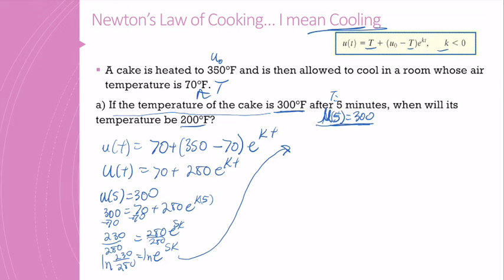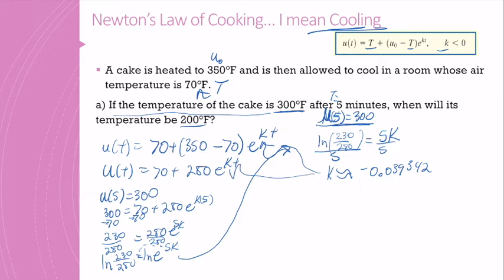So I'm going to have the natural log of 230 over 280 equals the natural log of e to the 5k. We move the 5k to the front. So that's just going to equal 5k. We go ahead and divide both sides by 5, which means k is about negative 0.039342. I can now substitute this in to my original equation.